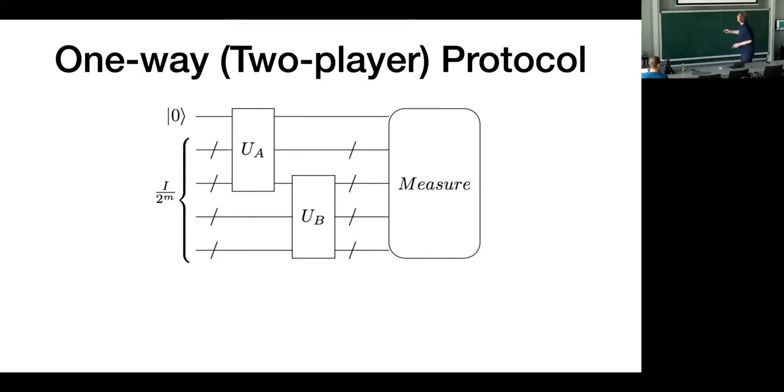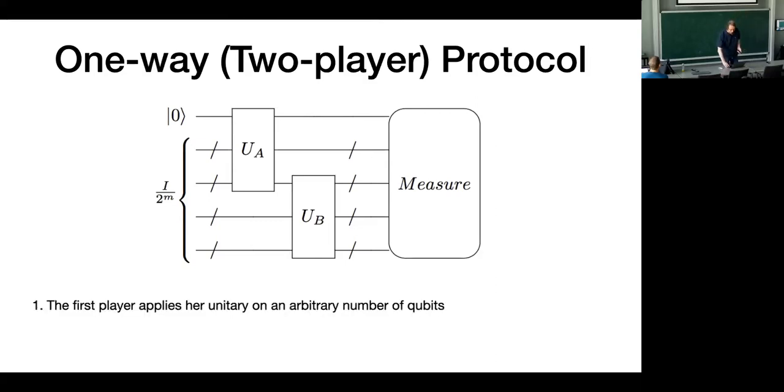So if Alice retains any, which doesn't really make any sense, because if she doesn't use the qubit, why have it to begin with? So Alice applies a unitary, sends the qubits that are used to Bob. Bob applies a unitary on all the qubits in his possession now, and then there's a measurement.